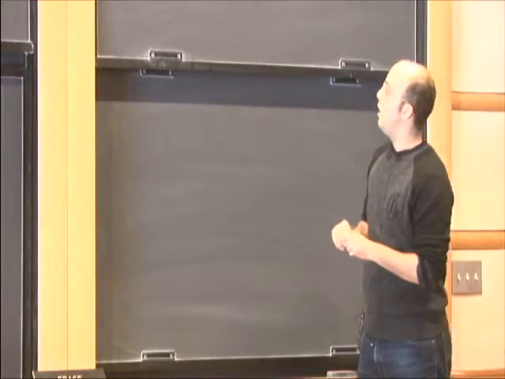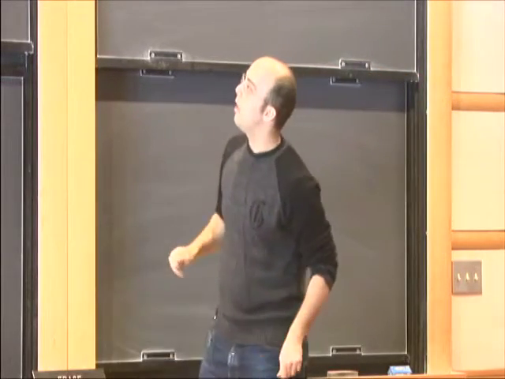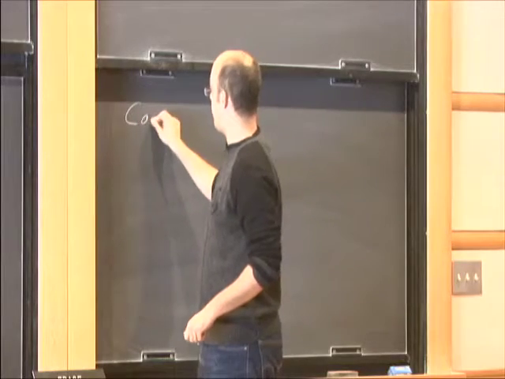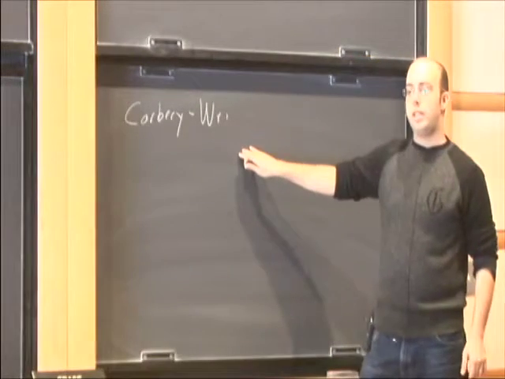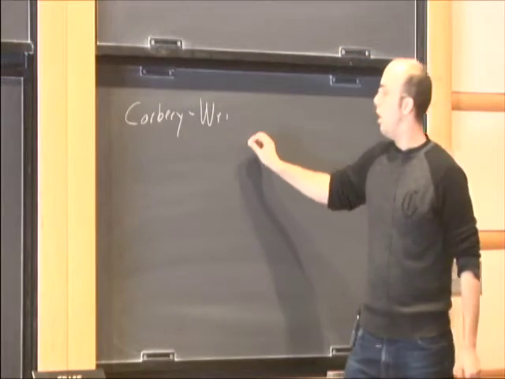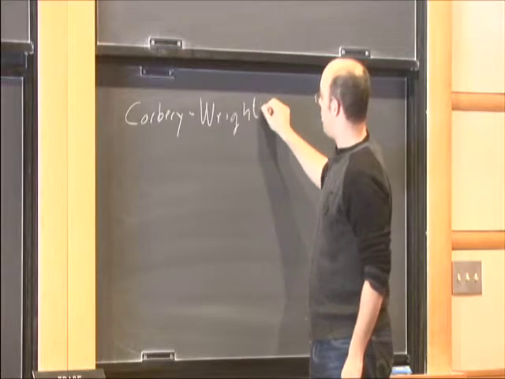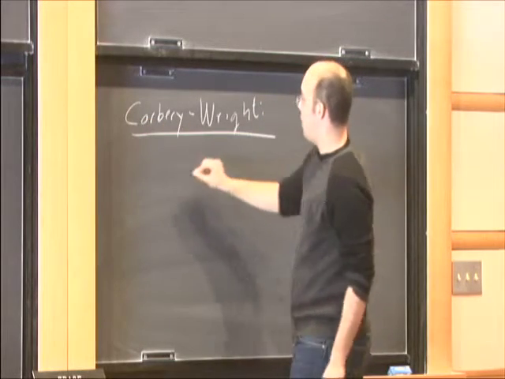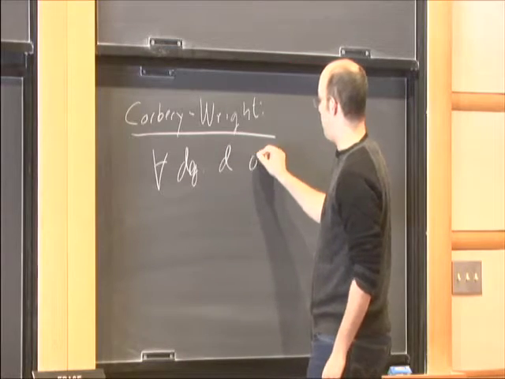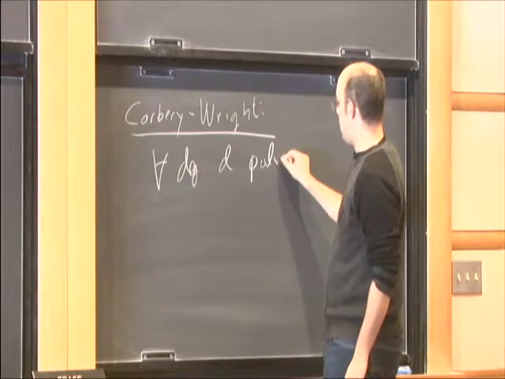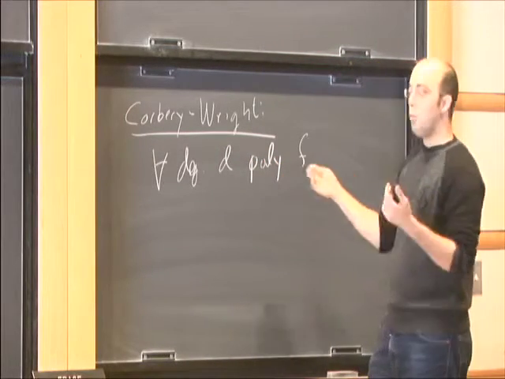So that's a theorem, let's just state the Carbery-Wright version. For every degree d polynomial f, we need some normalization, right?